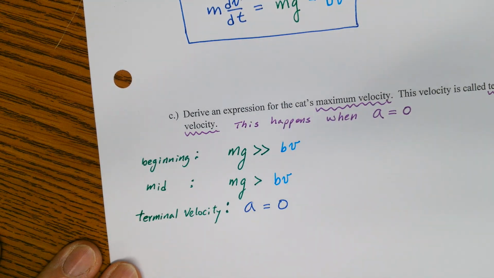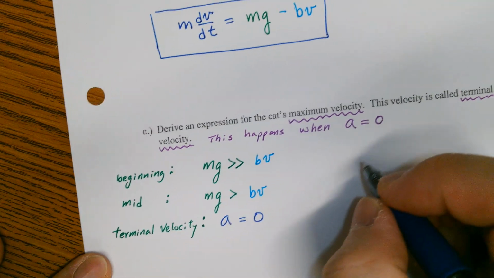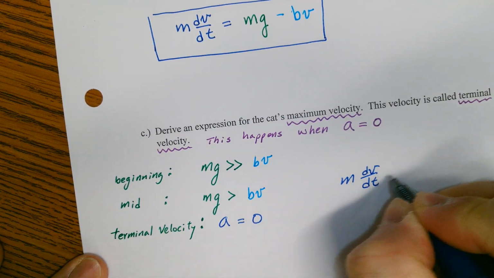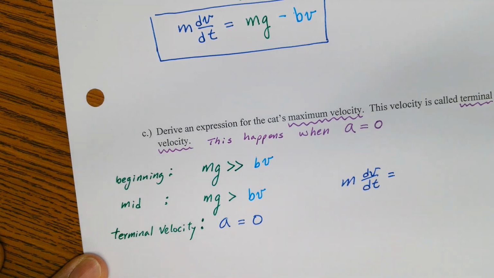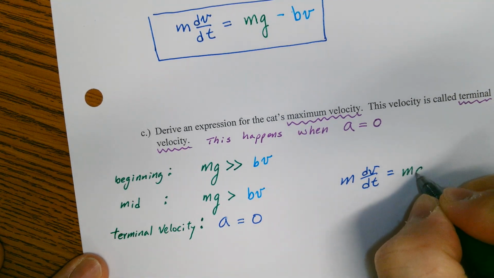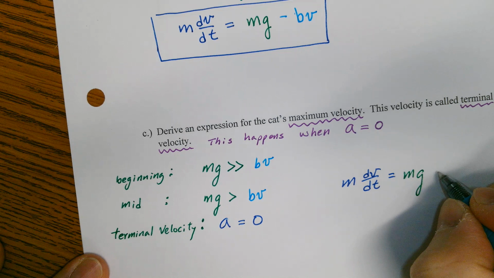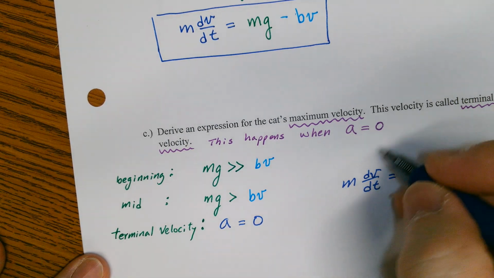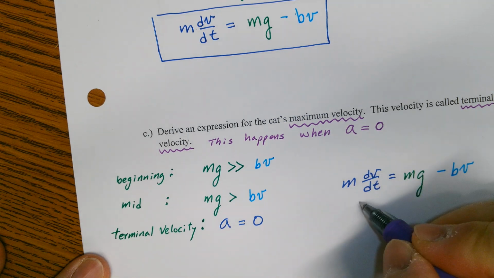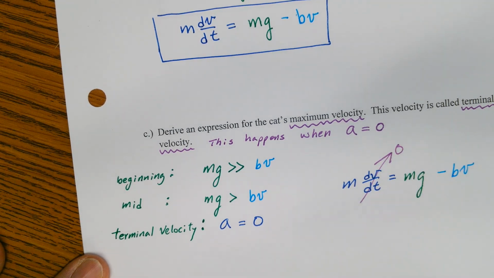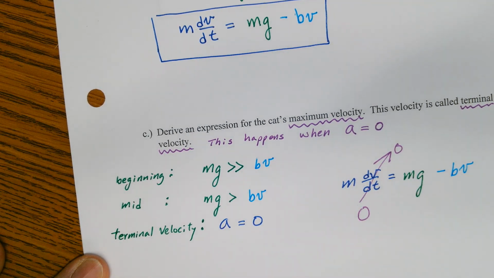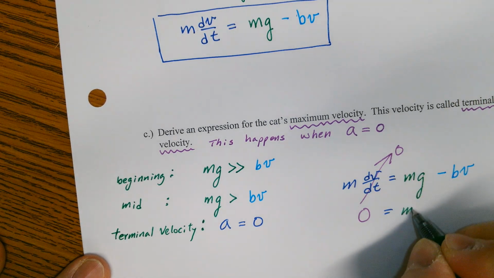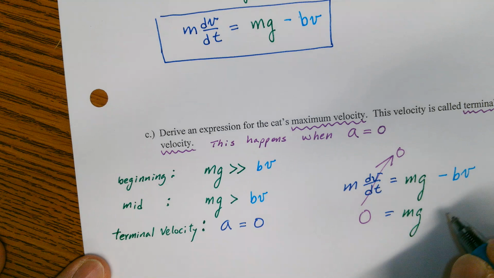So if we were to rewrite this, m dv over dt is equal to mg minus bv. At terminal velocity, this goes to 0. That means 0 is equal to mg minus bv.